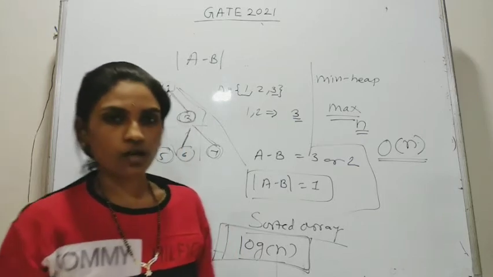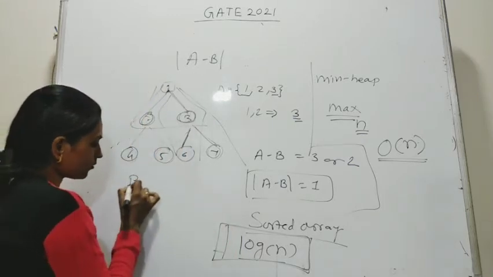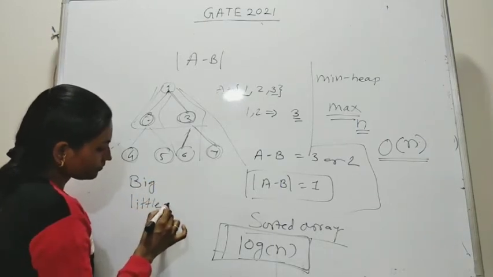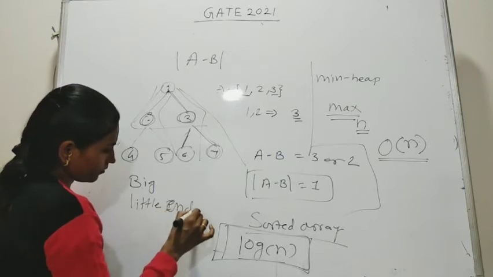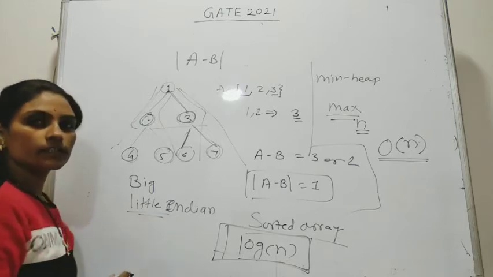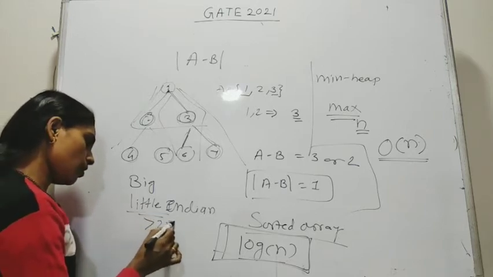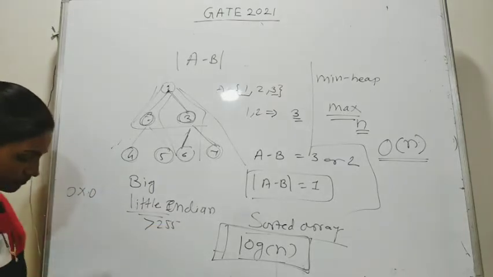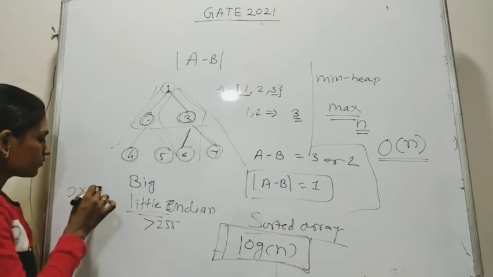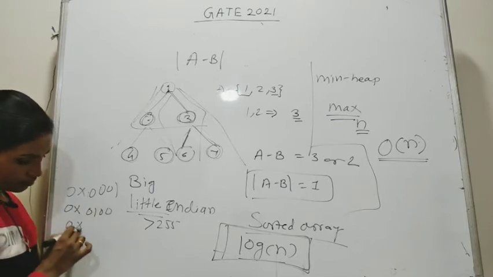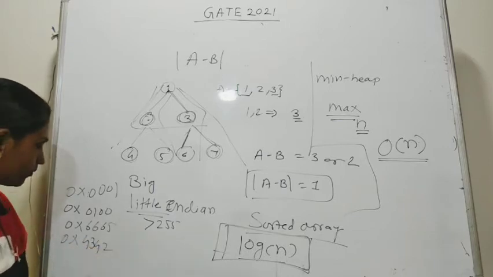The next question asked is regarding big endian notation and little endian notation. We have to find the correct little endian notations which is greater than 255. The options are given: 0x0001, 0x0100, 0x6665, 0x4342.